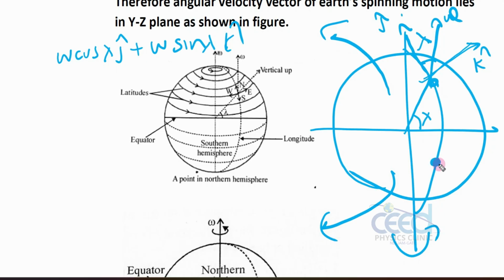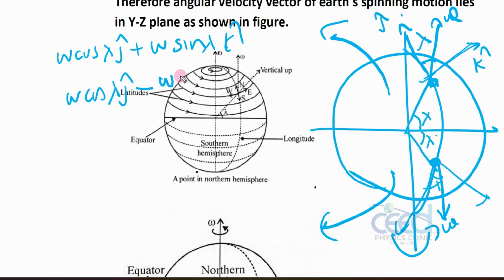Suppose you represent the same way like this. This is omega, and this is lambda. You have one vertical direction here, but this is negative. So we have two components. Here also lambda, and here also lambda. So we can write this as omega cos lambda j cap minus omega sin lambda k cap.